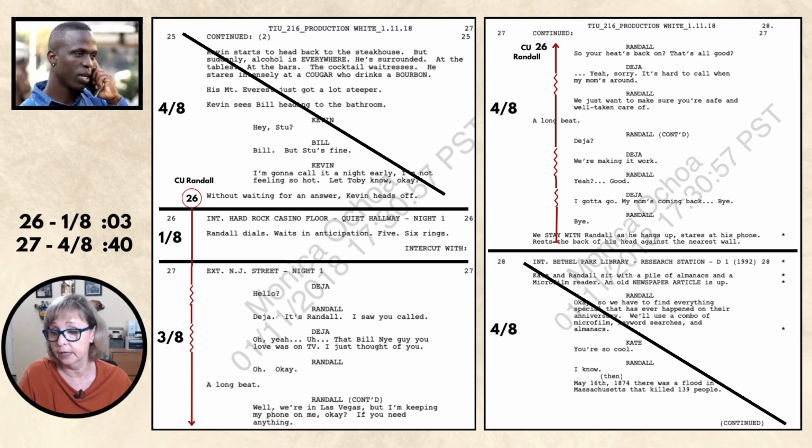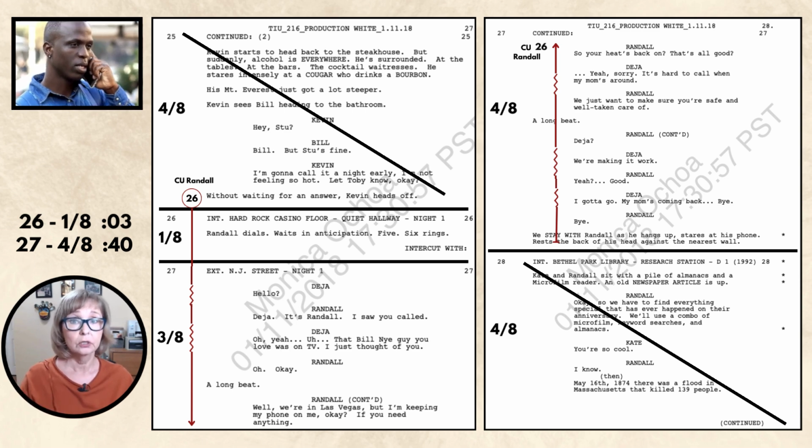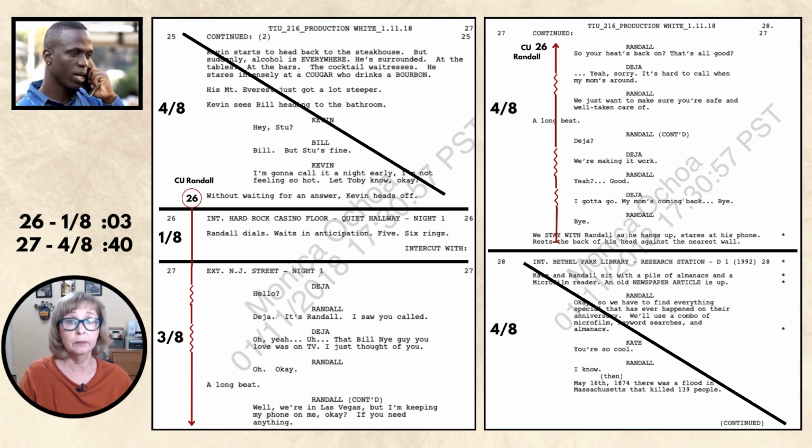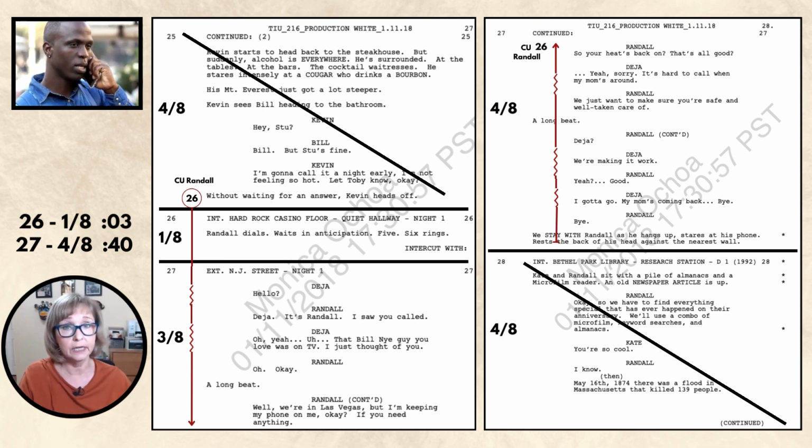So say, for example, the whole scene took 43 seconds, from beginning to end, and you have somebody else reading the off-screen dialogue. Now that may be you or that may be somebody else, but the timing of that person is going to be very different than Deja's timing.